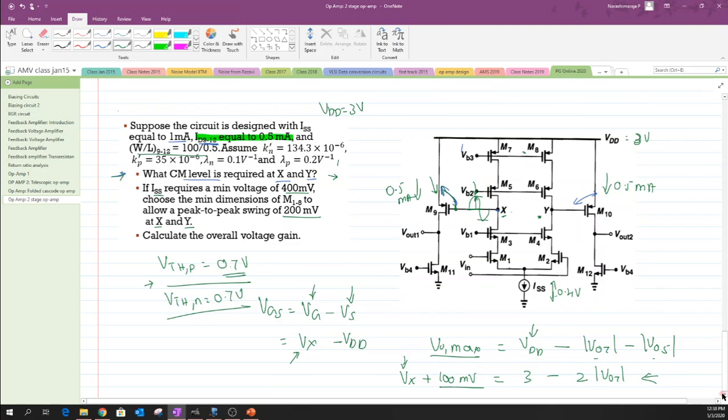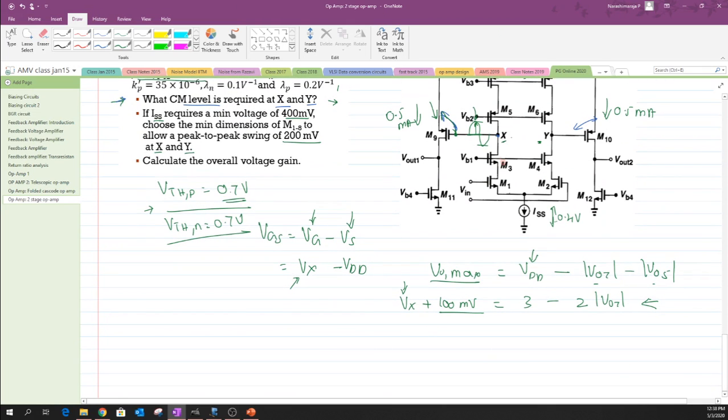Similarly, one can find the value of VOV3 and VOV1 by using the minimum swing in the first stage, which is written as VOV3 plus VOV1 plus the minimum voltage drop across this current source, which is VCS, and the value of this VCS is already given, which is equal to 400 millivolt, which can be written over here.